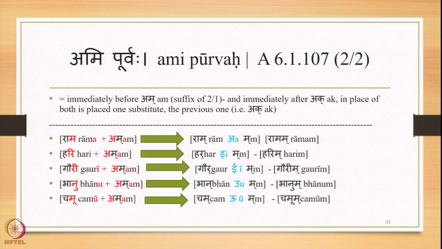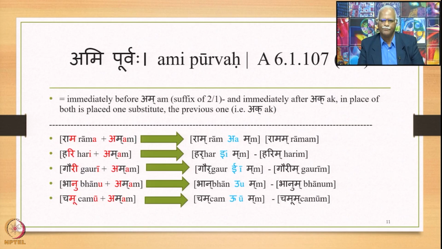All put together, let us look at the meaning of amipurvaha. Amipurvaha means immediately before that is the 2/1 suffix dvitiya ekavachana pratyaya, immediately before and immediately after ak, in place of both is placed one substitute, that is the previous one, that is in this case the ak.